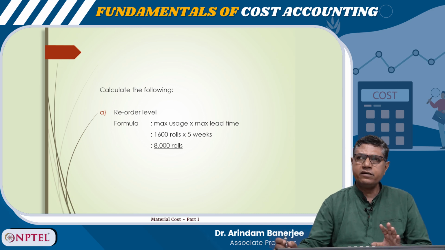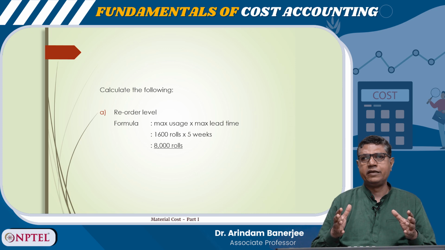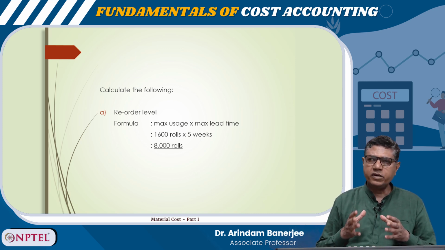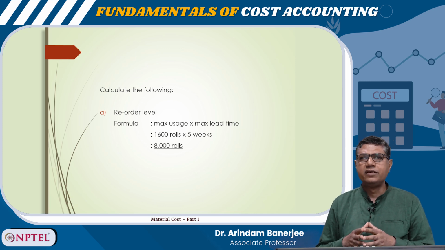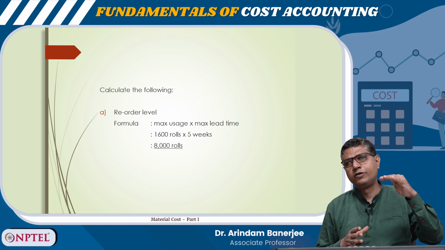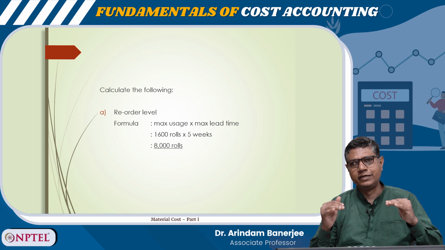I am again doing a recap, explaining the entire concept we discussed till now. For a manufacturing company, it is important to understand when to order. In store there is a particular raw material which has been received and the requisition is coming from the production department. As the store is issuing the raw material, the stock is gradually decreasing.